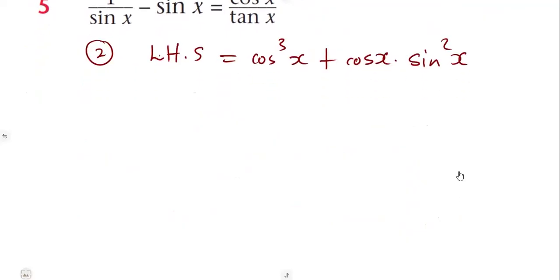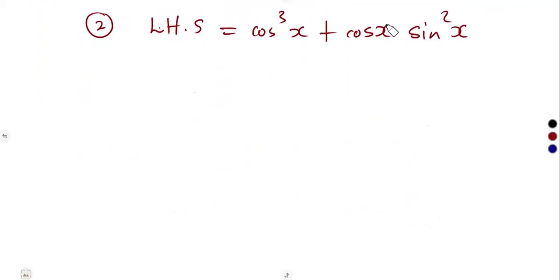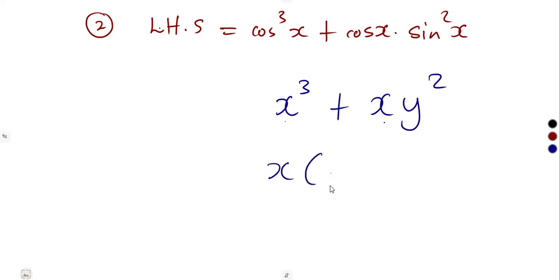So let's prove, guys. Let's see what happened here. As we can see, there's something about the cos of x, and the cos of x. It is just like in our algebra. It is just like we're given x to the exponent of 3 plus xy squared. Guys, you can factorize. x is common, it is the highest common factor. So you can factor out x, and we've got x squared plus what? y squared.